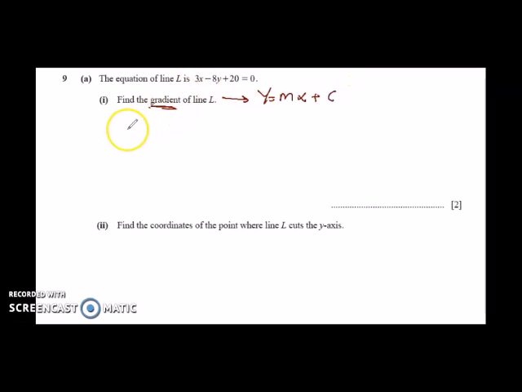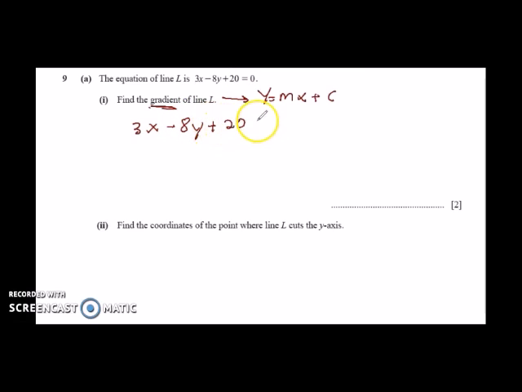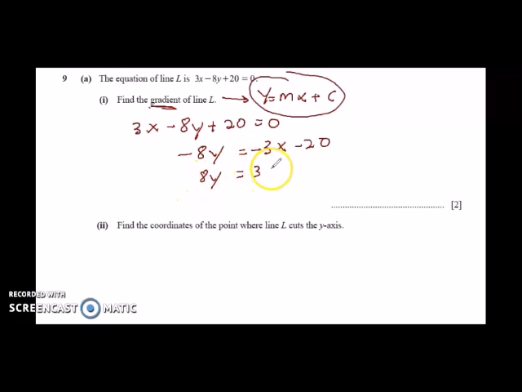So 3x minus 8y plus 20 equals 0. We have to make it in this form. So here we move the x and the 20 to the opposite side, so it becomes negative 3x minus 20, and we are left with negative 8y here. Everything we multiply by negative, so you'll get 8y equals 3x plus 20, and then we divide by 8.